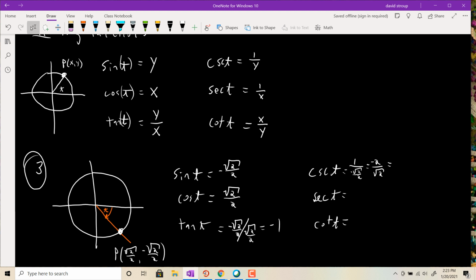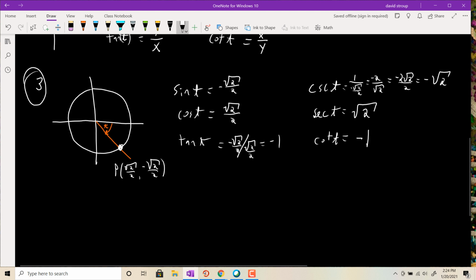And if you want to rationalize it, you wouldn't have to on my test, but you'll end up with negative 2 root 2 over 2, and then you could simplify that as negative root 2. And then secant, same thing, but this one is just a positive version, so it'll end up being root 2. And then cotan will be 1 over negative 1, which is negative 1. Okay.